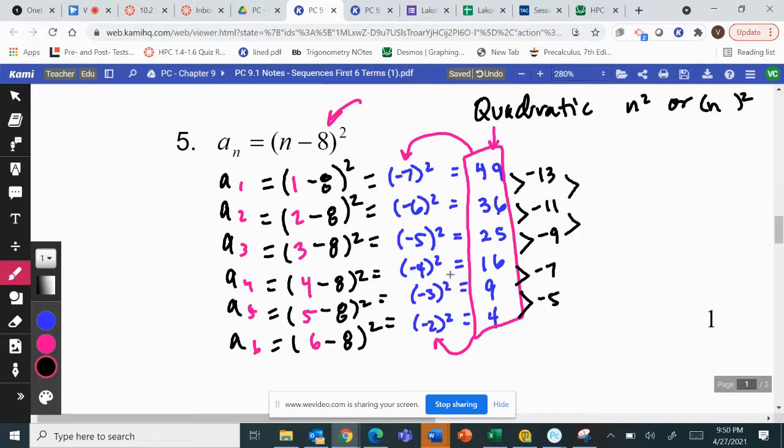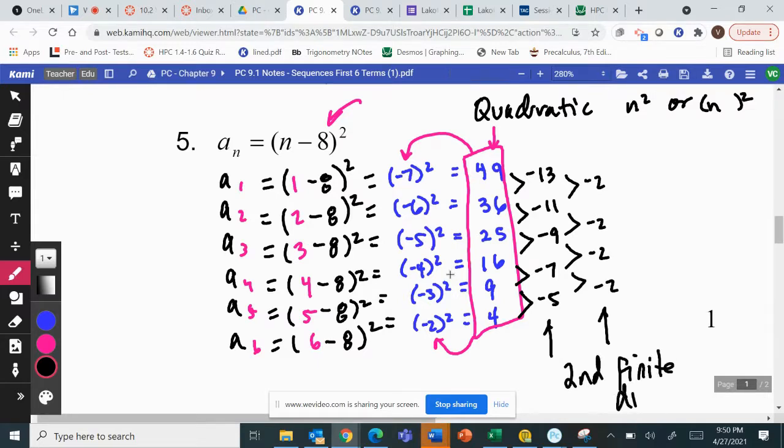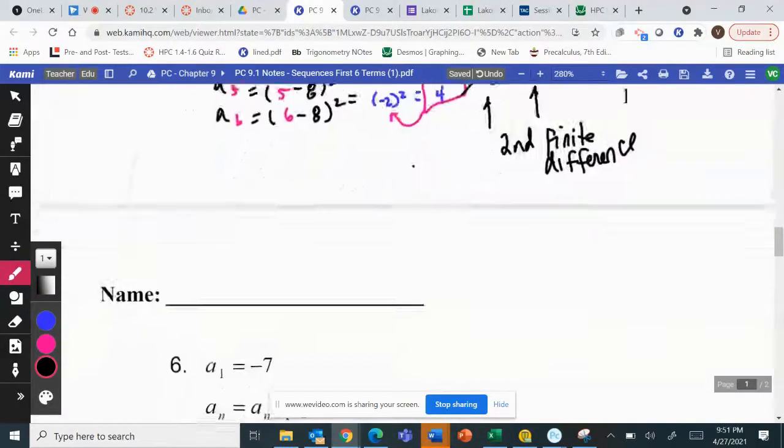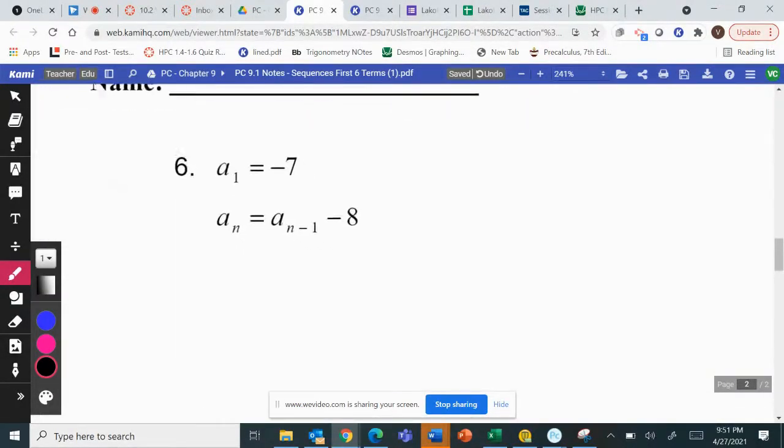And then the second set of differences, take away 2, take away 2, take away 2, take away 2, is going to tell you first finite difference, second finite difference. So that's why I know that it's quadratic. I mean, that's one way I can tell that it's quadratic if I couldn't look at the numbers and figure it out. All right, now we get to ones that are a little bit different.